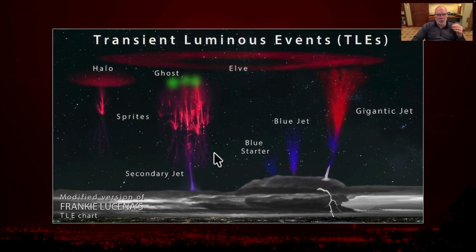And due to this reduced distance and introduction of this positive charge layer lower in the atmosphere, it may cause a reinitiation of a sprite-like event in the lower portion.